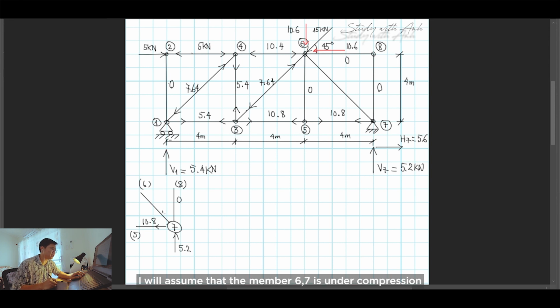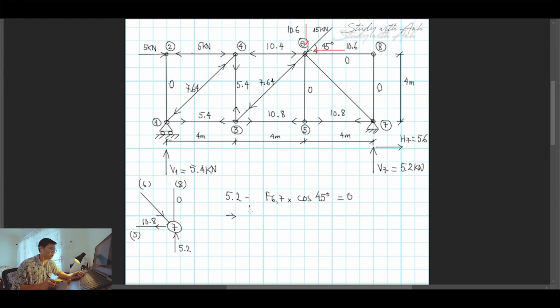I will assume that member 6,7 is under compression. I use the vertical first, which means 2.5 minus F67 multiplied by the cos of 45 degrees equals 0, and here F67 equals 7.35 kilonewton.